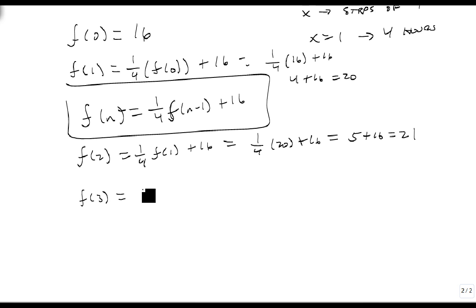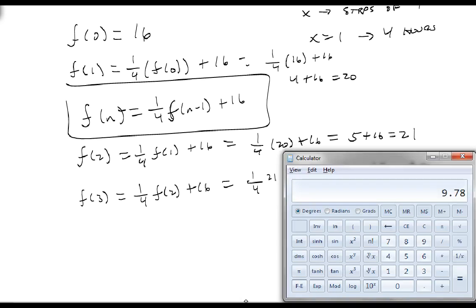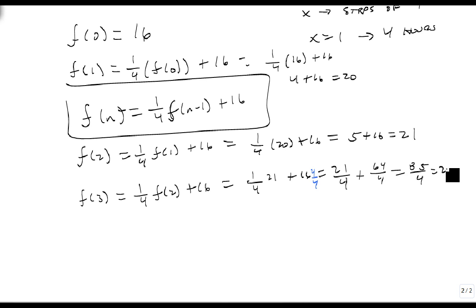f of 3 is equal to 1/4 of f of 2 plus 16, so it's 1/4 of 21 plus 16, which is 21 over 4 plus, if I multiply top and bottom by 4 over 4, that's 64 over 4, so this becomes 85 over 4, or 21.25.